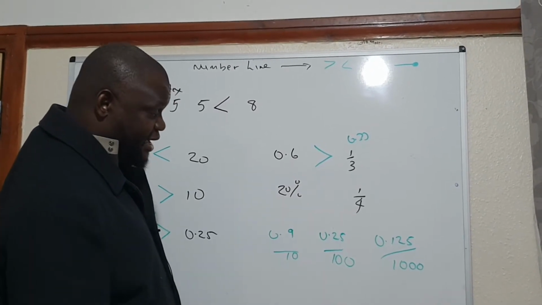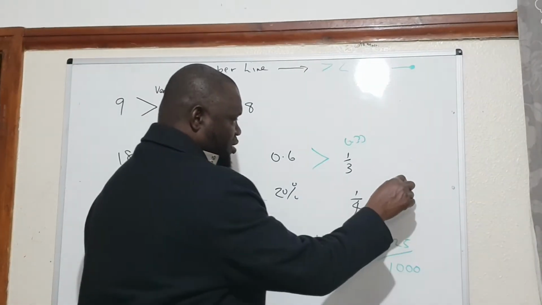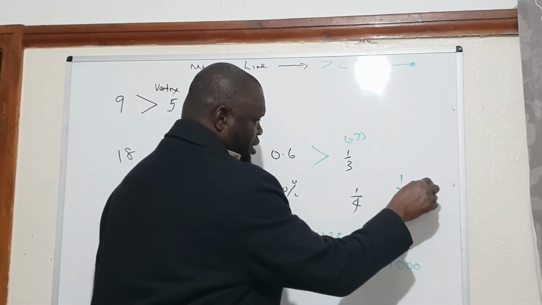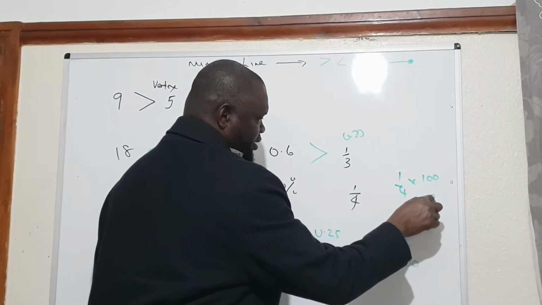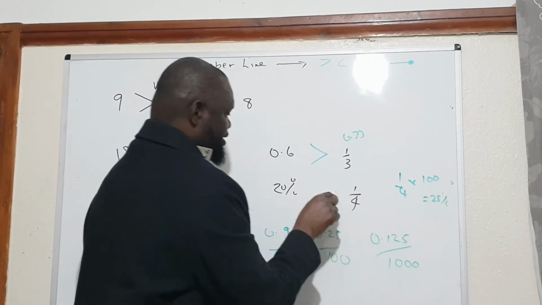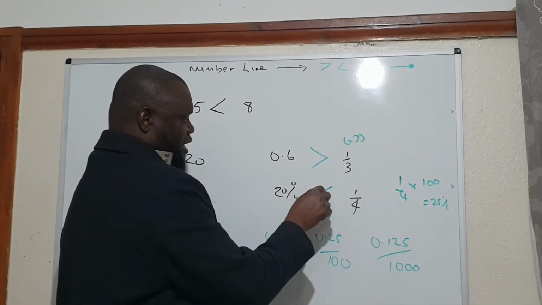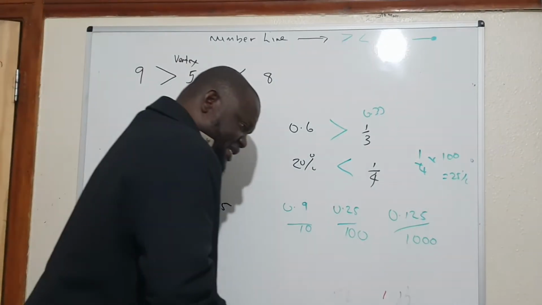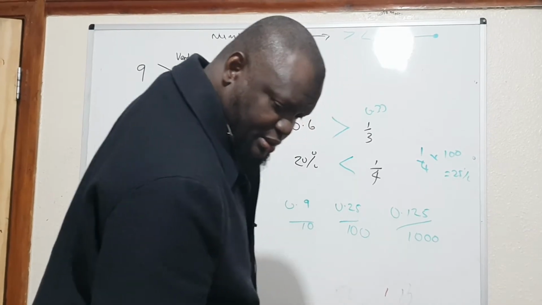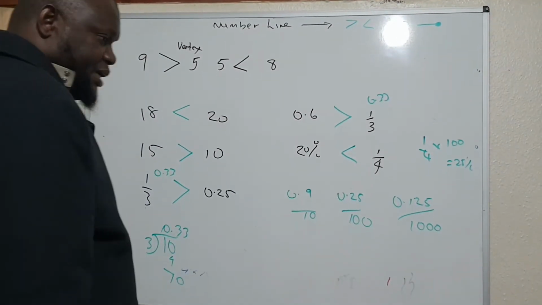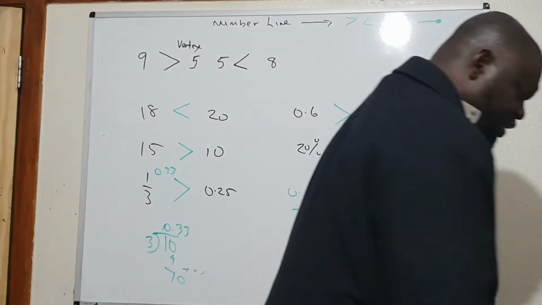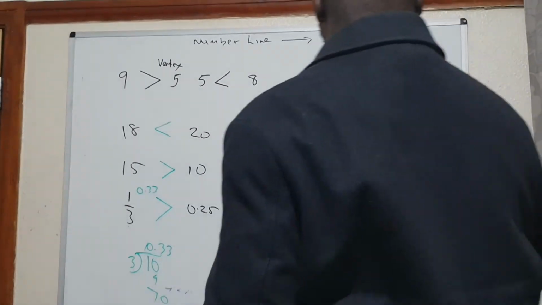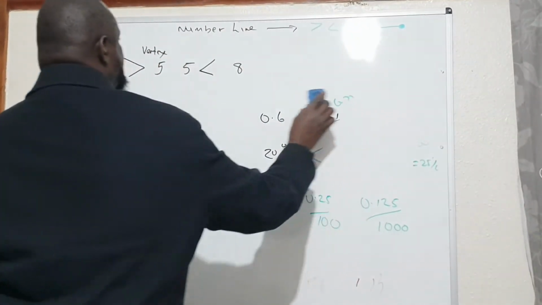If you change a fraction into a percent, you multiply by 100. 1/4 times 100 is basically 25%. So 25% and 20% are compared. So this is greater than, less than, or greater than. This is very, very easy. You don't need any genius for that.